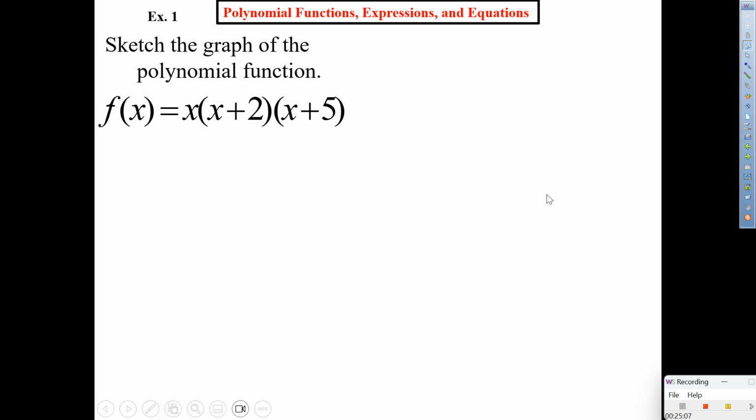Example 1. Sketch the graph of the polynomial function f of x equals x times x plus 2 times x plus 5. Once again, this is going to go pretty fast, so stay focused, please.